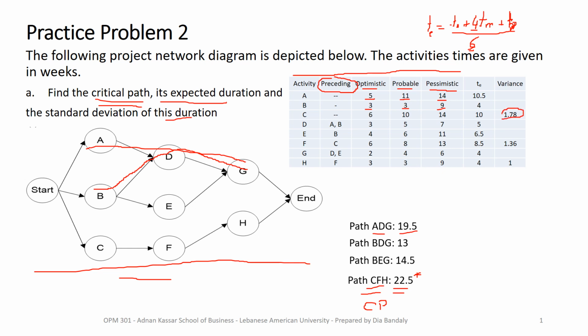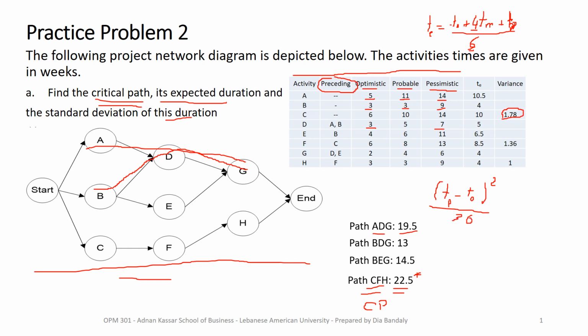How did we find this 1.78 for activity C? What's the variance? The variance is equal to the pessimistic time TP minus the optimistic time TO, we square that difference and we divide by 36.